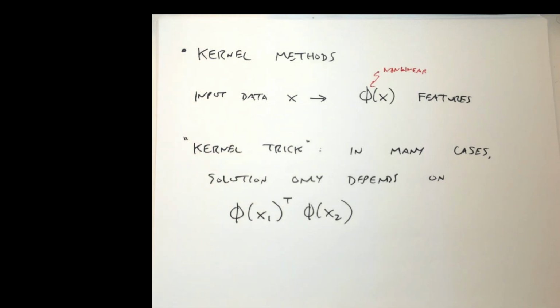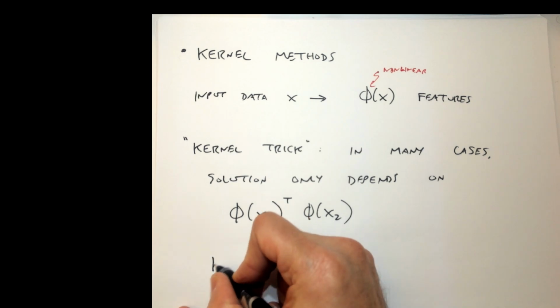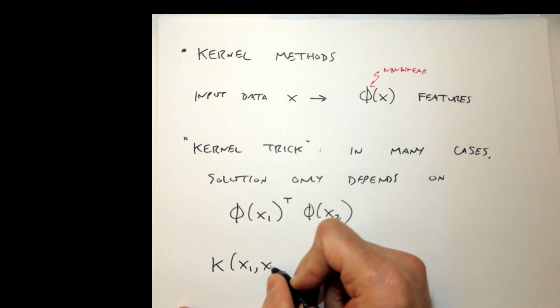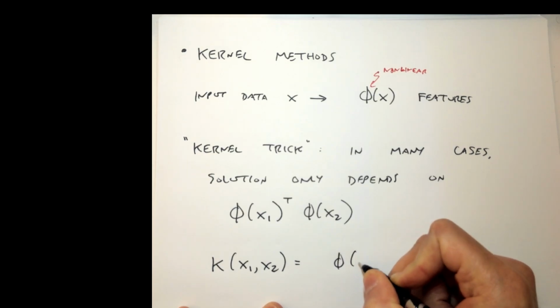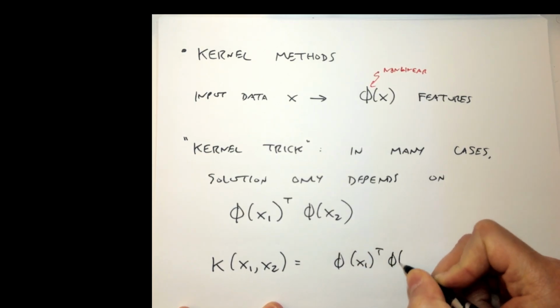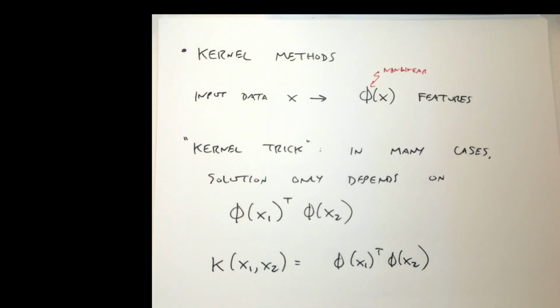So instead of specifying phi directly, we could just define what's called the kernel function k, which we set equal to this quantity. The advantage is that we don't have to form this potentially long vector of features. We just define a number that corresponds to the kernel between any two points, x1 and x2, right?